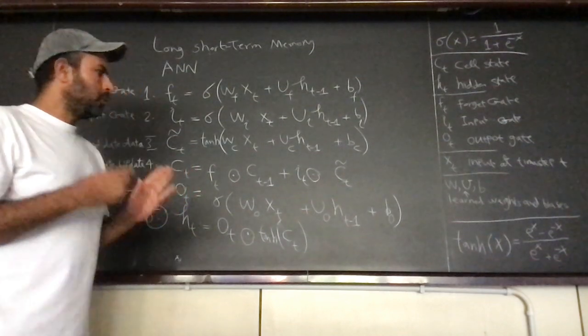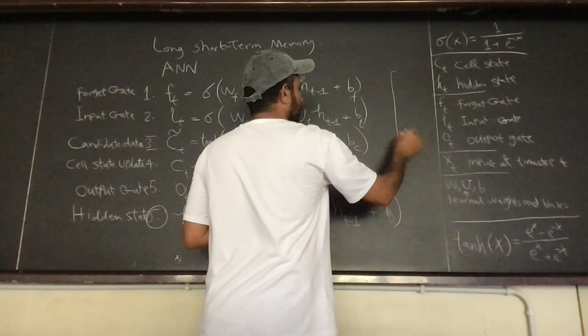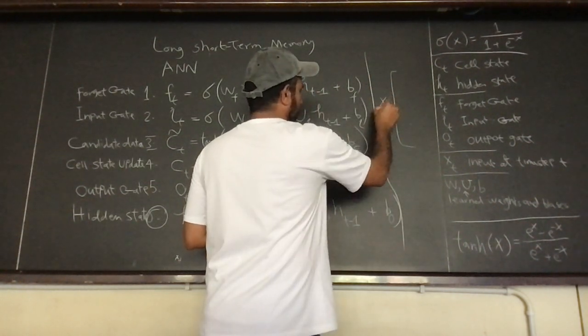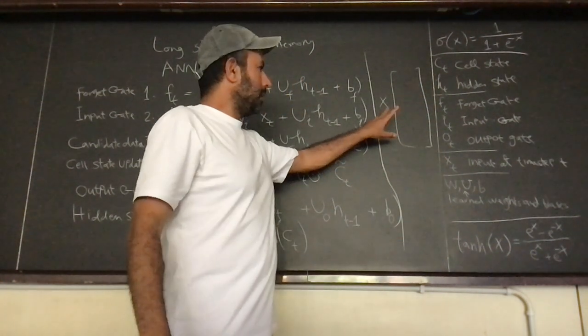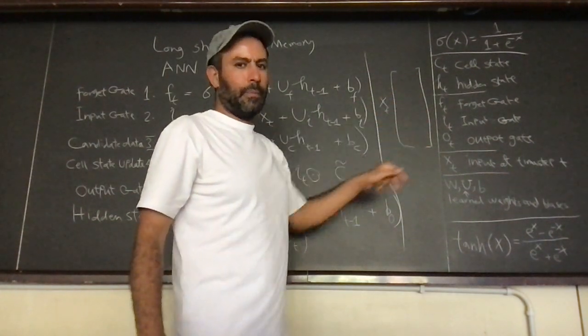Our issue is that we have a vector x, and for this vector we have different time steps.